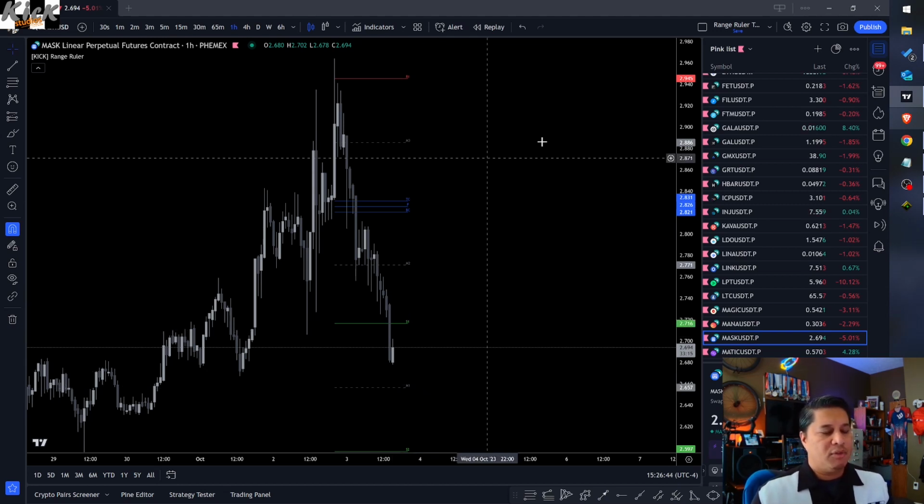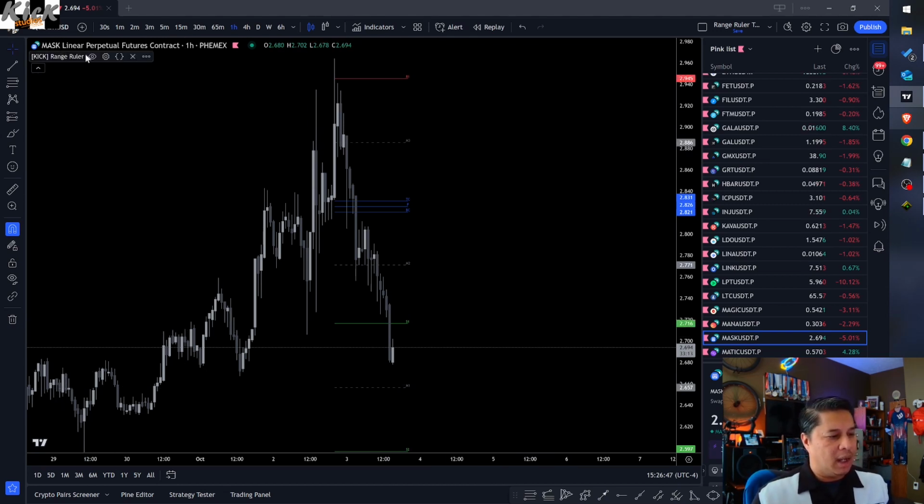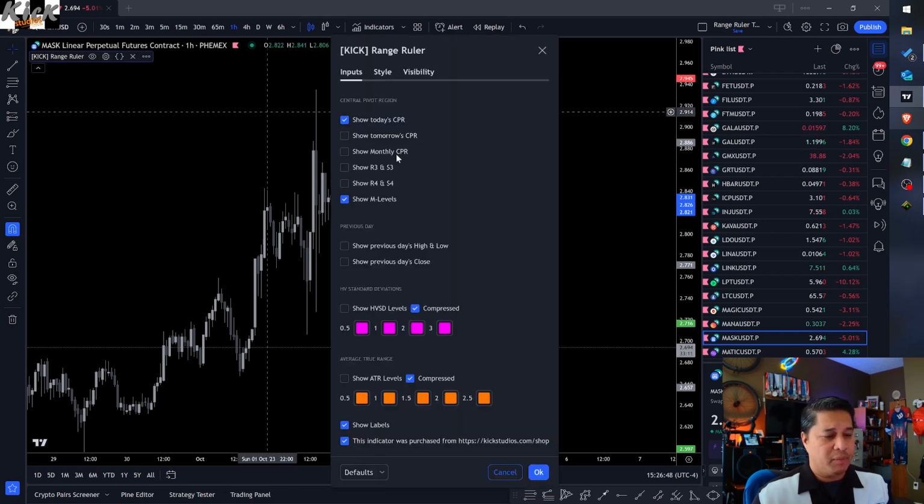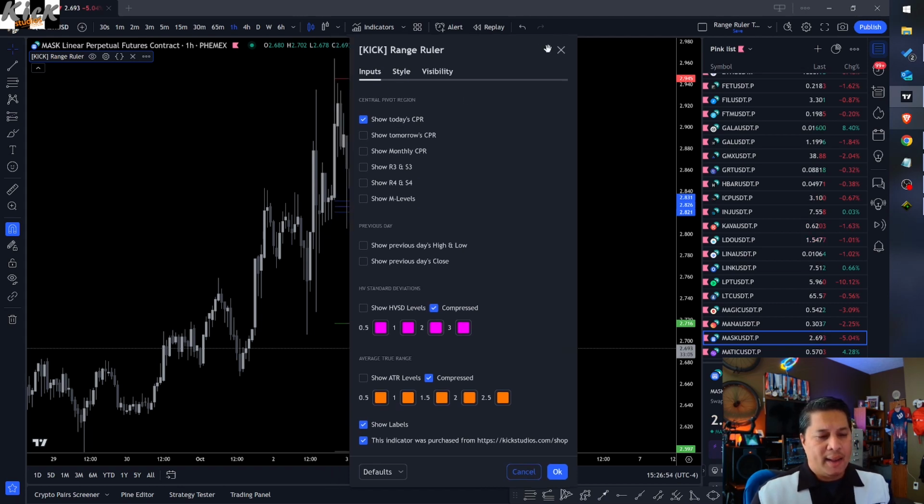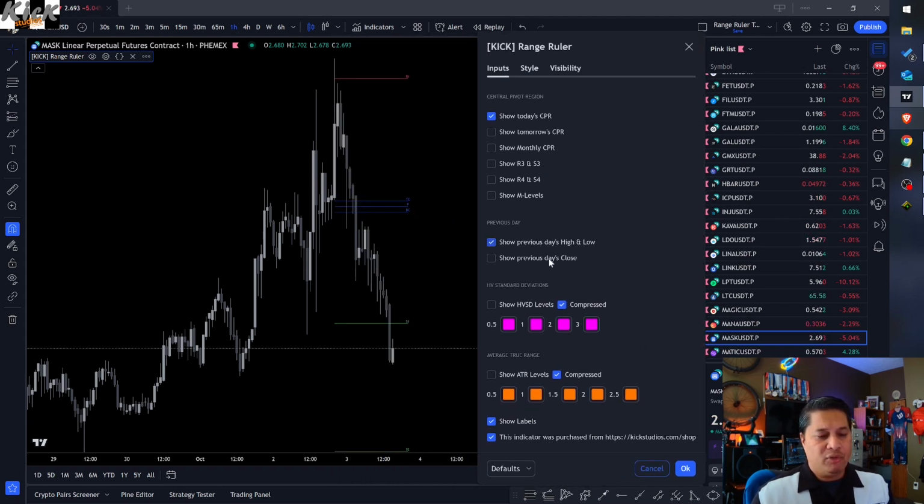Okay, so that's M levels. To be honest, I don't use those very much, but they were added to this indicator for those that use that. Here we have the ability to turn on the previous day's high and low and the close.